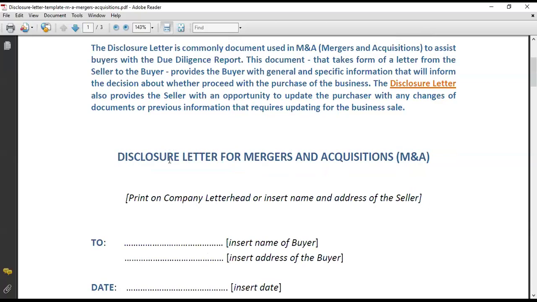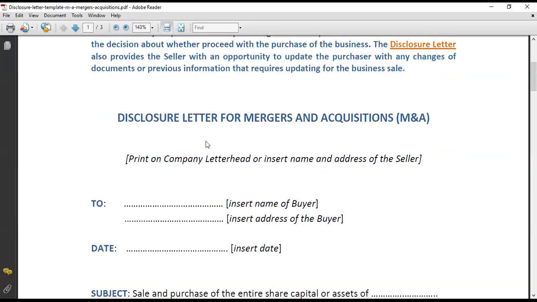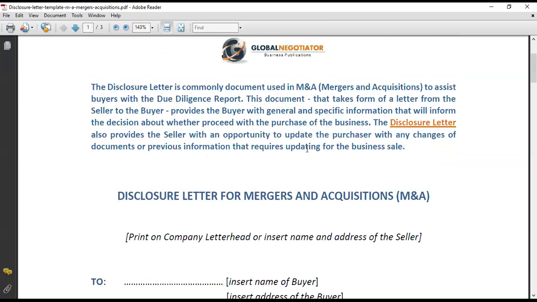So, disclosure letter. It's to the name of the buyer. Of course, you can put the details of the seller. You know, it's a normal letter.